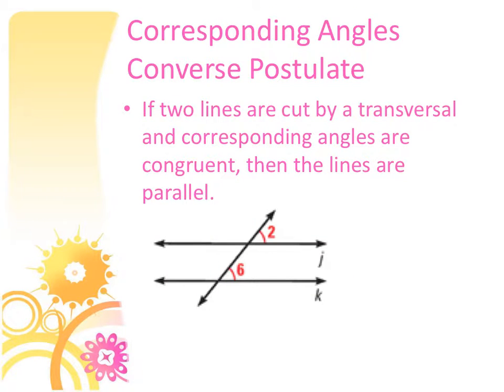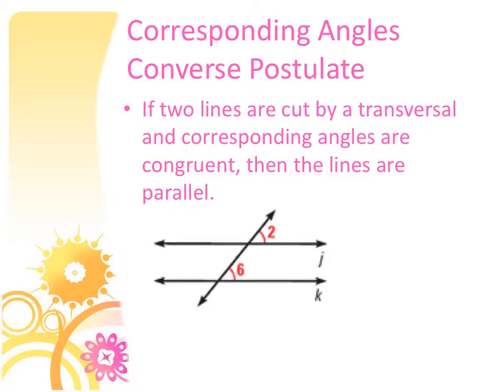So, the corresponding angles converse postulate states if two lines are cut by a transversal and corresponding angles are congruent, then the lines are parallel.